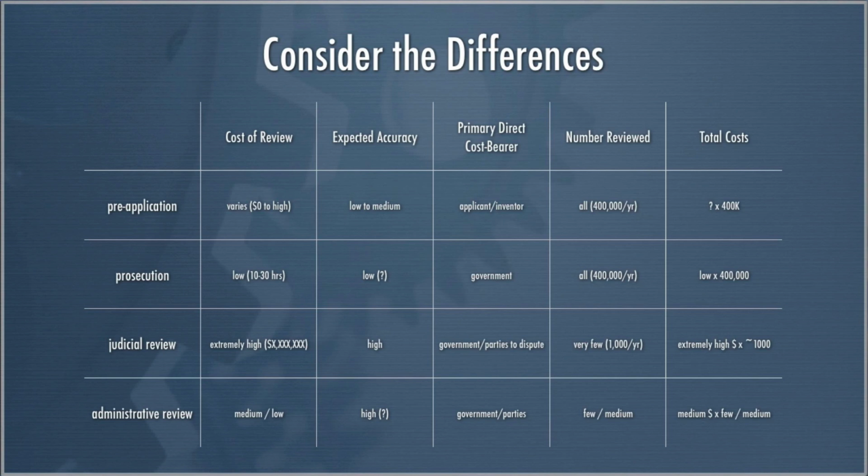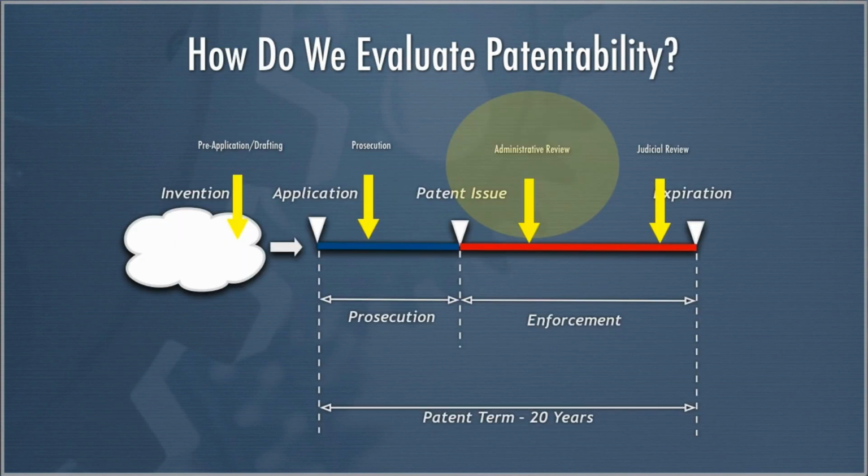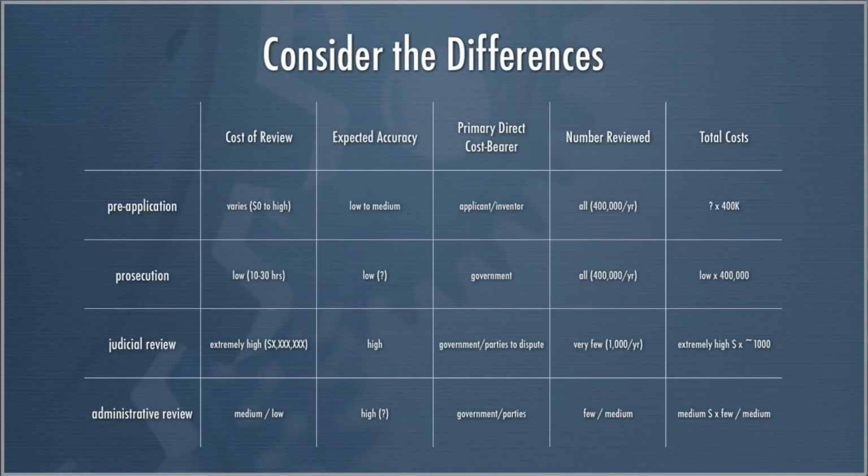And so the idea is, is there a sweet spot in here that we're highlighting, of administrative review, that's going to allow us to gain some efficiency in patentability reviews over and above the pre-application, the prosecution, and the judicial review concepts.